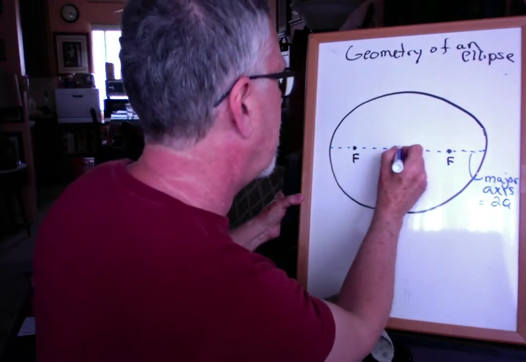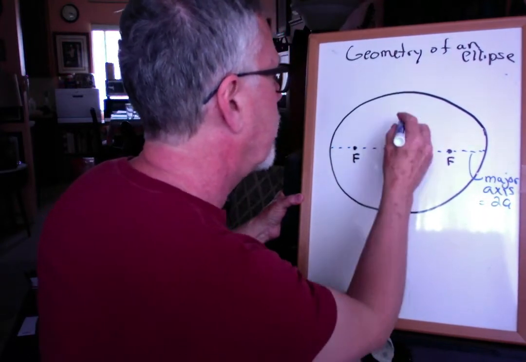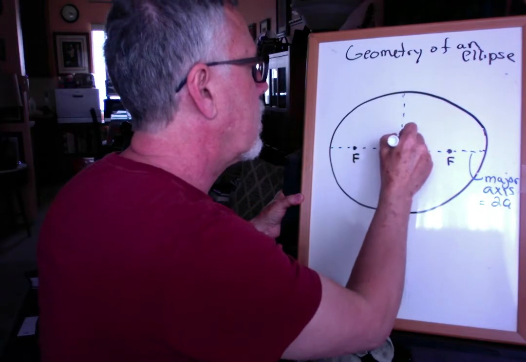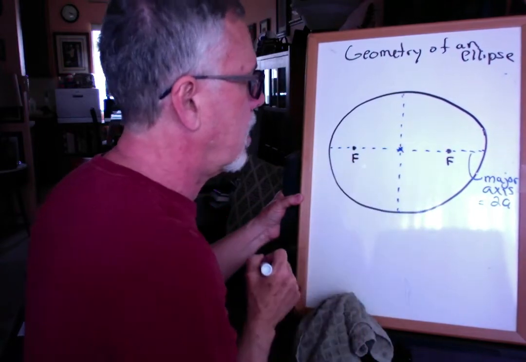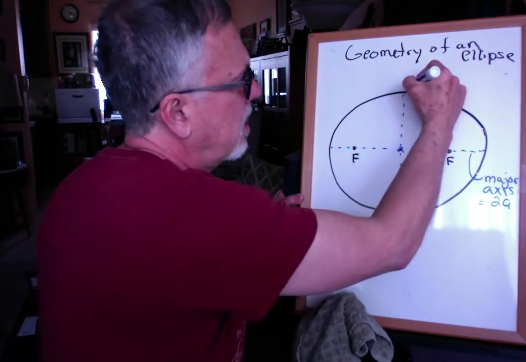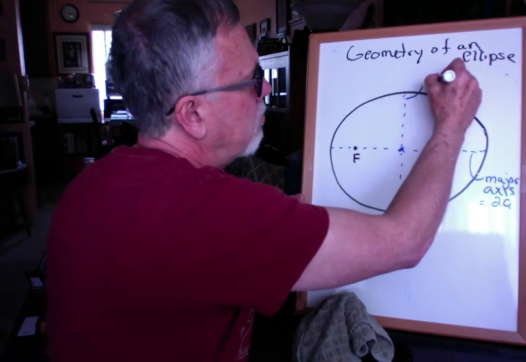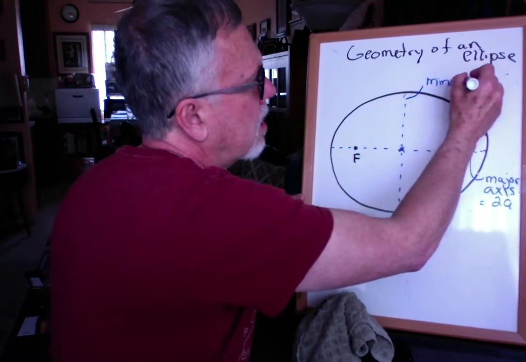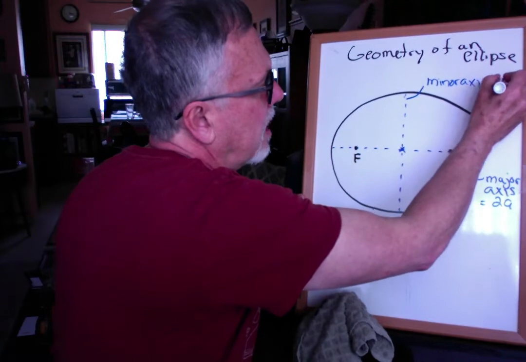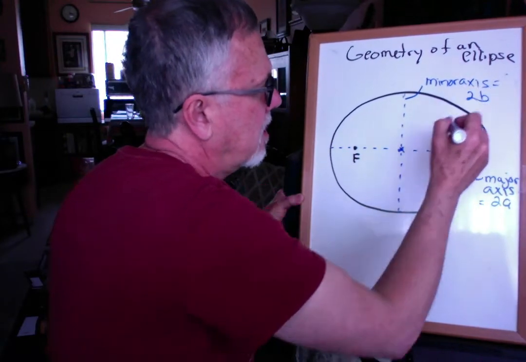Then if I carefully draw through the center, at right angles to the major axis, another line, this turns out to be the minor axis. Again, the length is 2b.